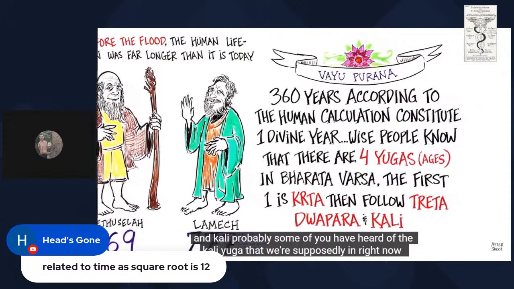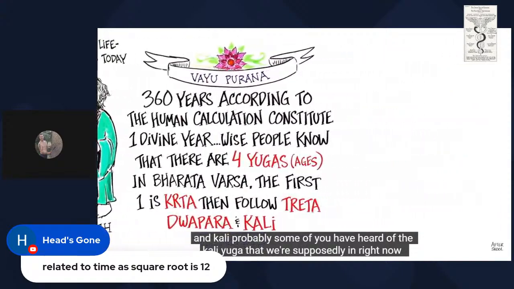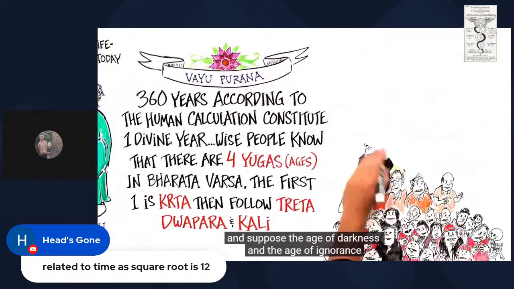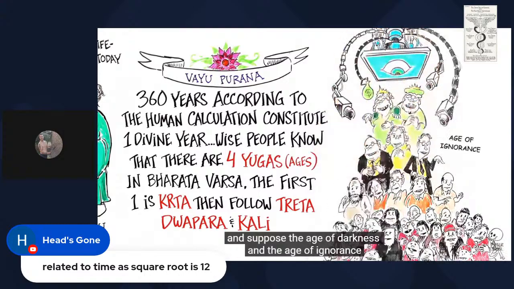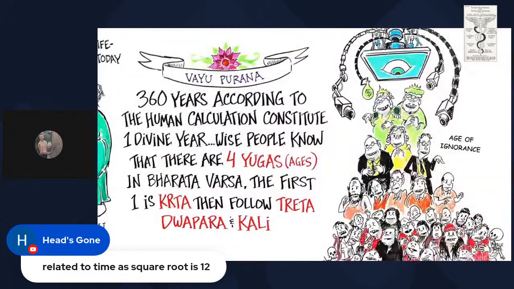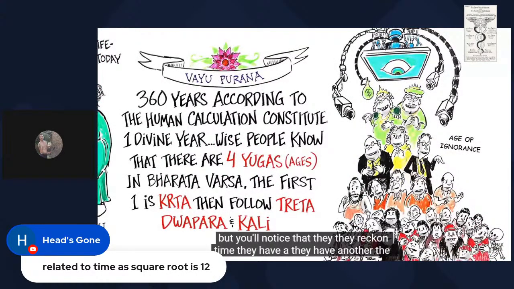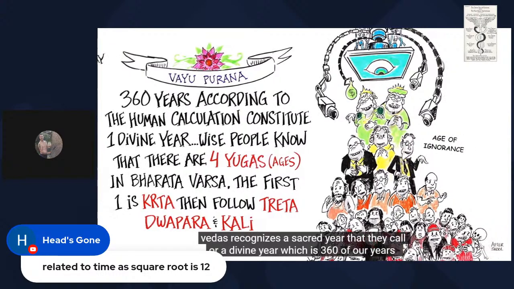Probably some of you have heard of the Kali Yuga that we're supposedly in right now, the age of darkness and the age of ignorance. But you'll notice how they reckon time. The Vedas recognize a sacred or divine year, which is 360 of our years.